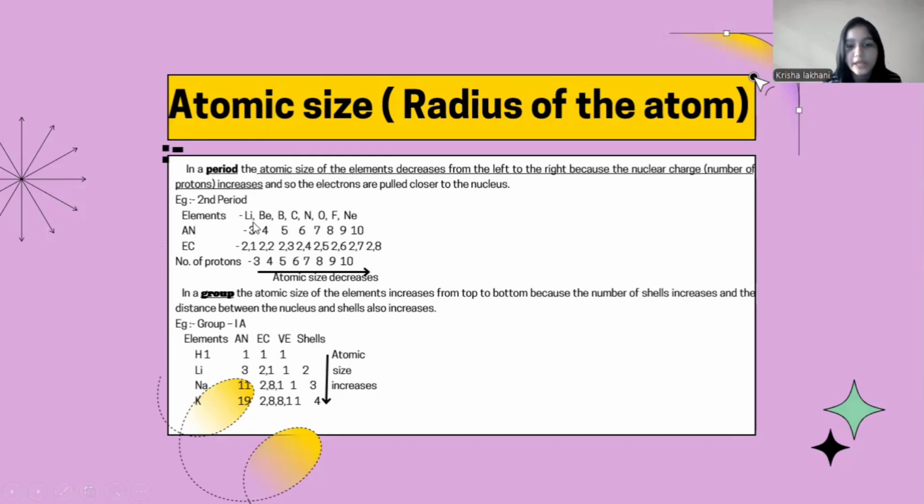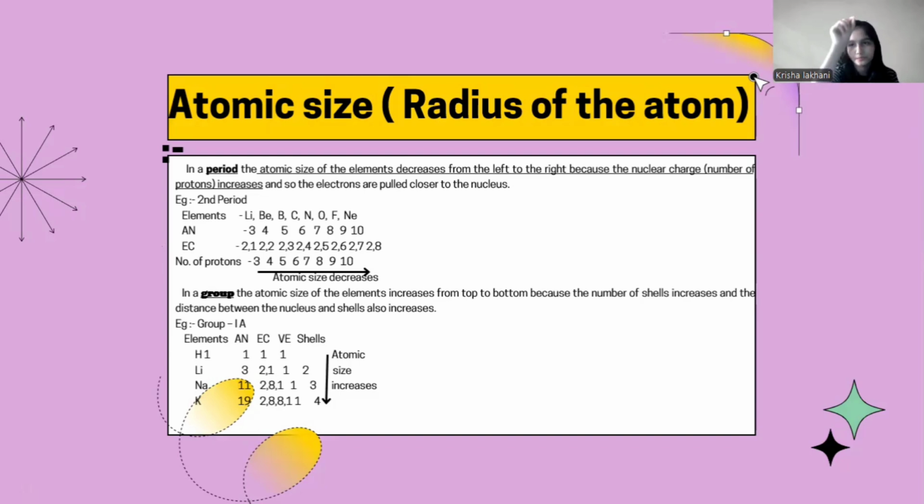It is from 3 to 10. The nuclear charge is increasing, because the proton numbers are increasing, so the nuclear charge is also increasing. So if the nuclear charge is increasing, the atomic size will decrease.